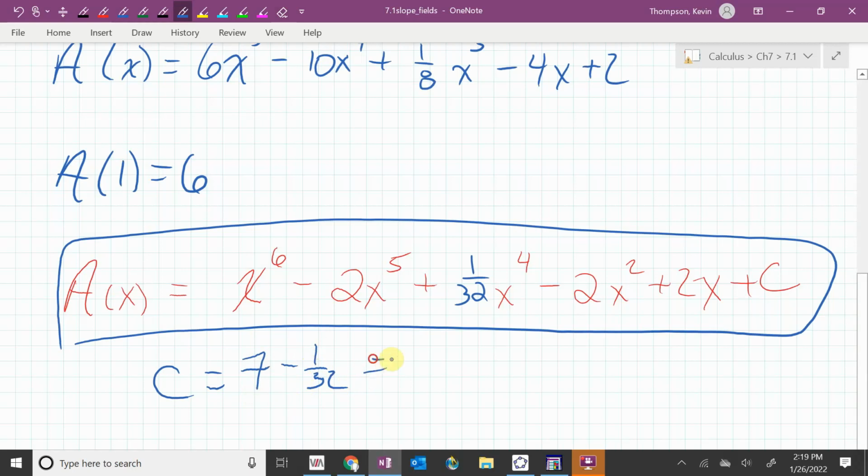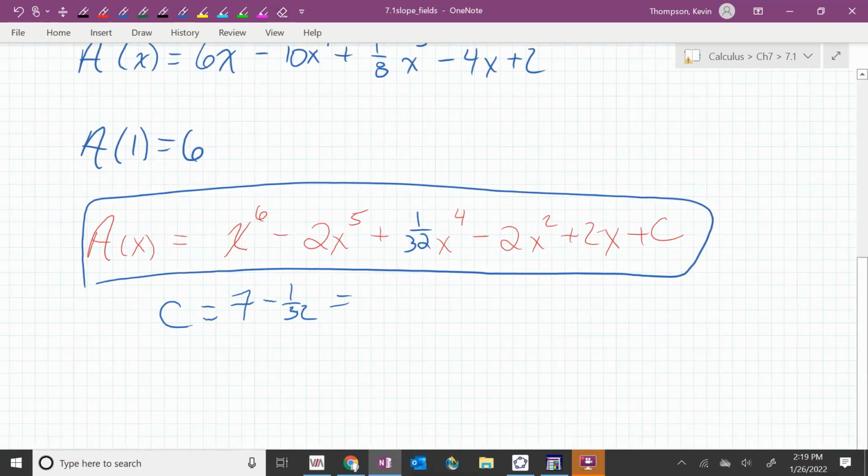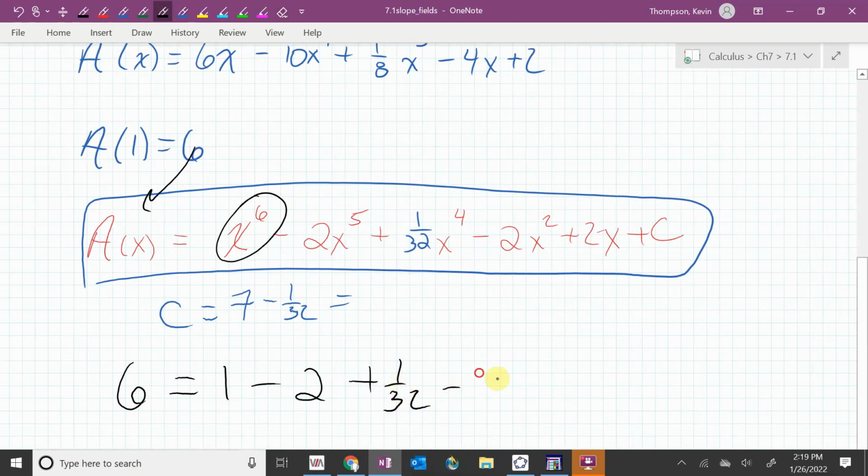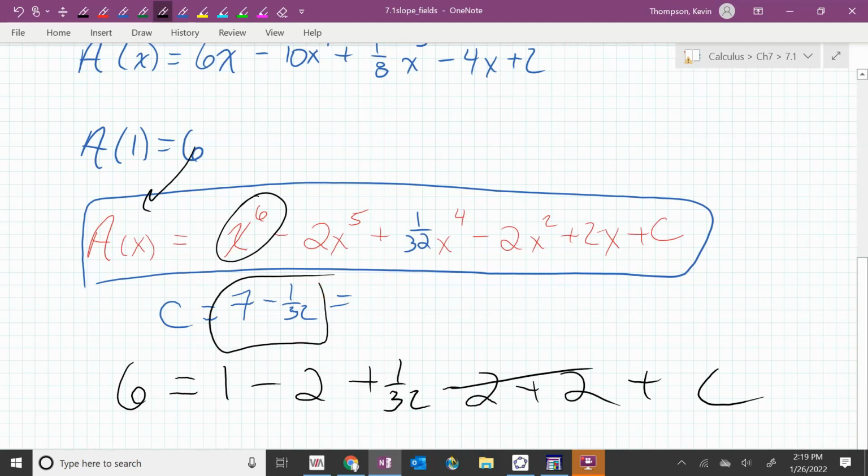I think you could do better than that, but I hope everybody's doing this, that they're saying 6 then equals 1 minus 2 plus 1/32 minus 2 plus 2. So Seth's right. He just didn't give me a final fraction here. So there's our answer, just arithmetic.